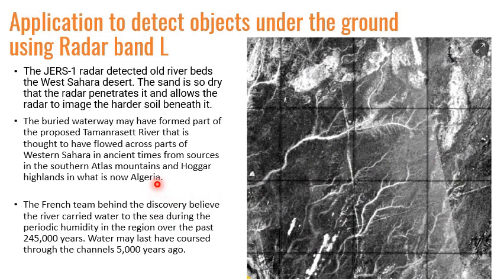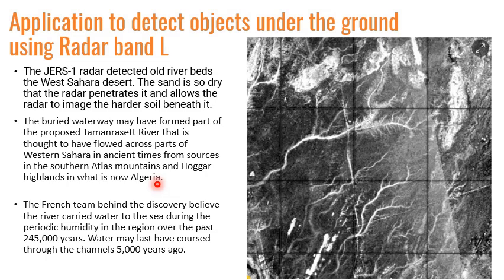One very useful application is to detect something under the ground. That means beneath the ground there's something. Maybe the wavelength can penetrate to a layer some meters into the earth, into the soil.